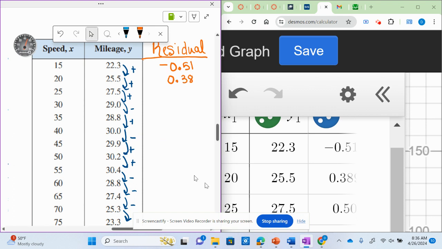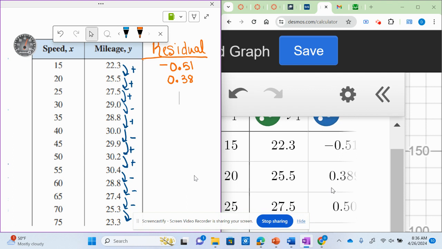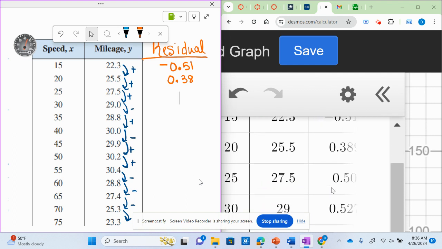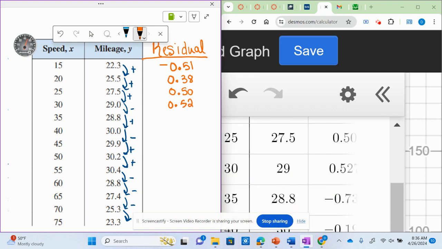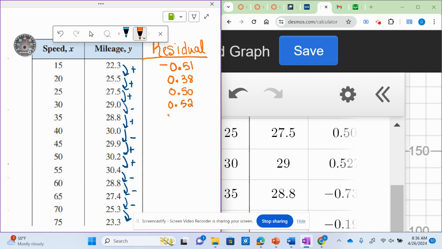Do you guys see where I'm getting this from the table right here? Yes. Okay. When X is 25, my residual for that is 0.50. When X is 30, my residual for that is 0.52. When X is 35, my residual for that is negative 0.73.